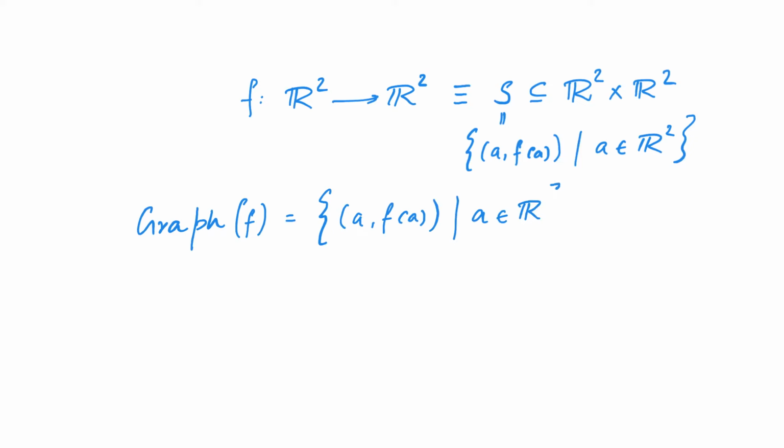So the graph of f is the set of all (a, f(a)), where a belongs to R2. And this is a subset of R2 cross R2. Or in other words, R2 cross R2 is equal to R4. So the graph lies in R4.